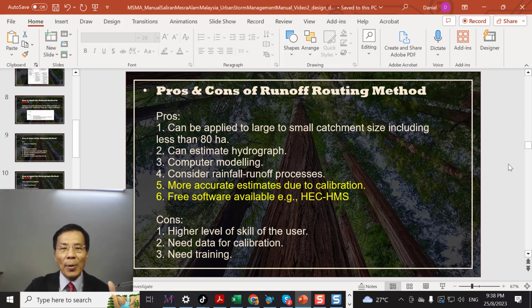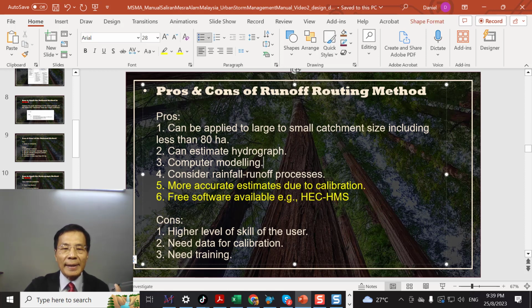Now let's look at the pros and cons of the runoff routing method. The pro is it can apply to large to small catchment size, including those less than 80 hectares. Number two, it can estimate hydrograph. Number three, this is a method based on computer modeling.